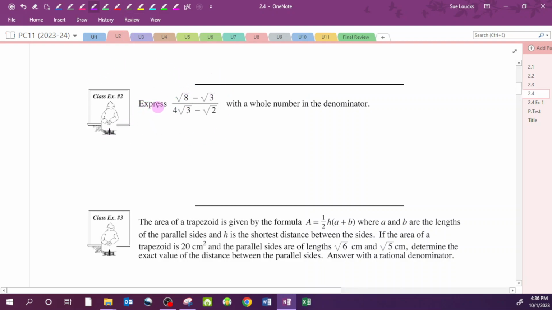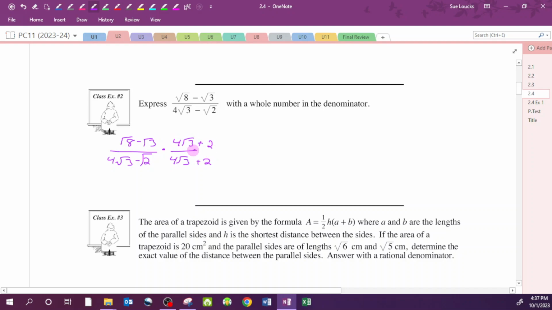All right, I'm going to rewrite this because there's not enough space here. So this is square root of 8 minus root 3 over 4 root 3 minus root 2. Let me just clean that up a bit. 4 root 3. Okay, so I'm going to multiply that by 4 root 3 plus 2 over 4 root 3 plus 2.